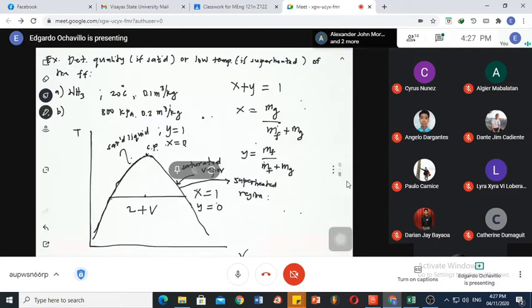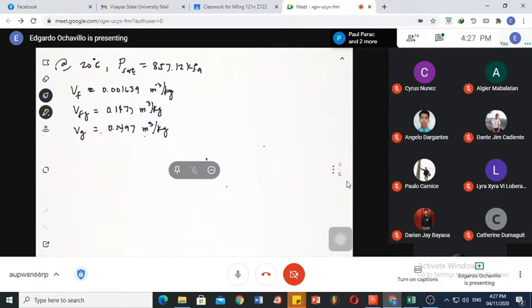You know that for superheated vapor, the temperature is higher than the T saturation at a given pressure, at P saturation. So we will determine if it is saturated or superheated.